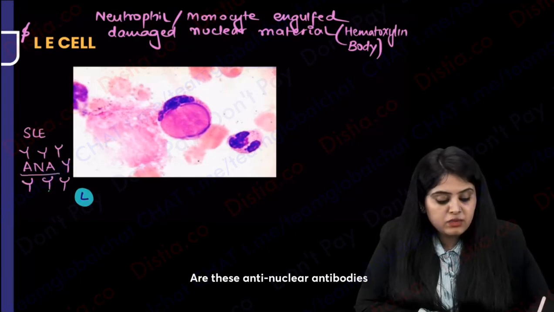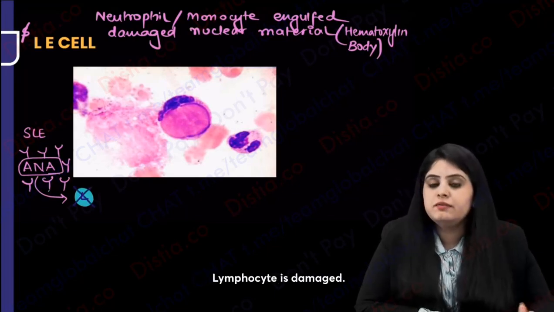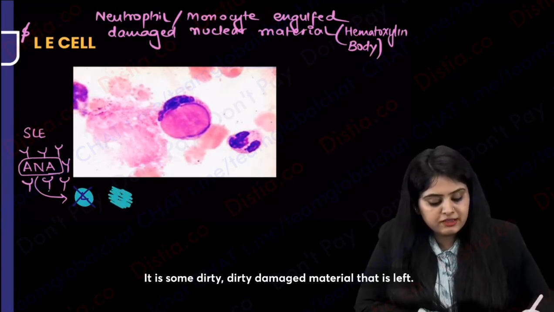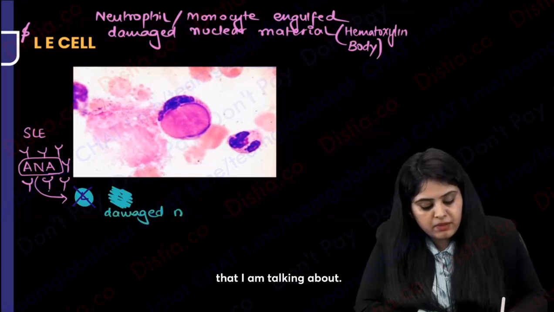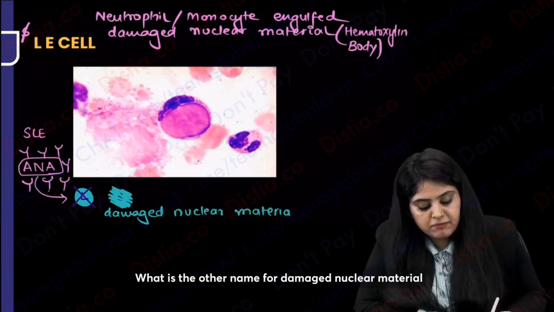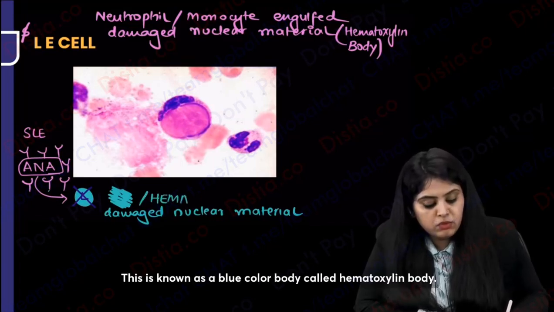Are these anti-nuclear antibodies going to go and damage this nucleus? Of course, they will damage it. The lymphocyte is damaged. It is some dirty, damaged material that is left. This is the damaged nuclear material that I'm talking about. What is the other name for damaged nuclear material that I told you? This is known as a blue colored body called hematoxylin body.